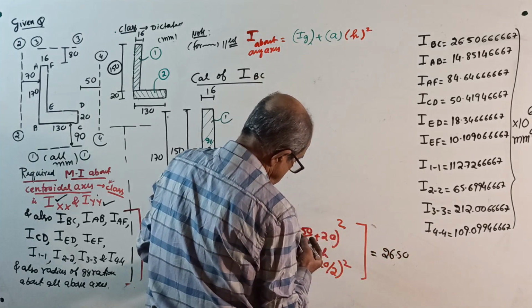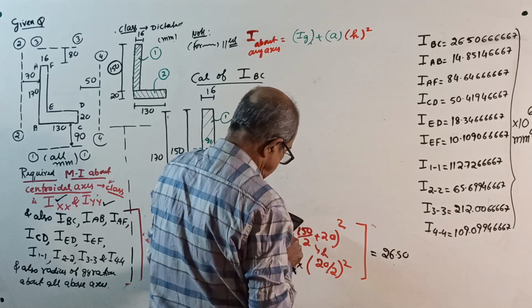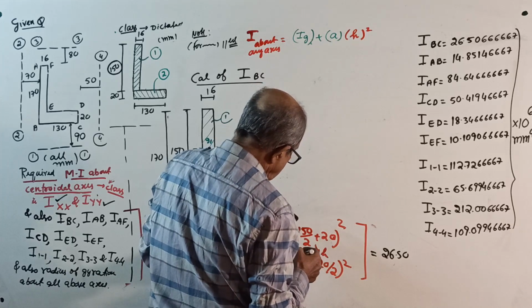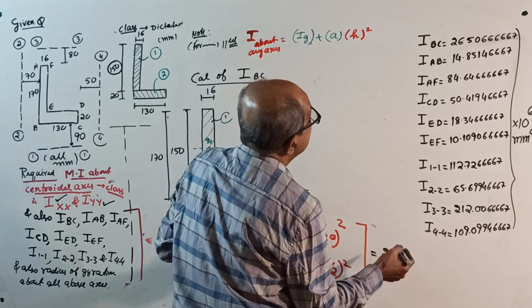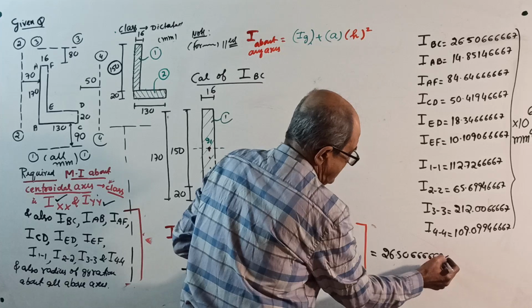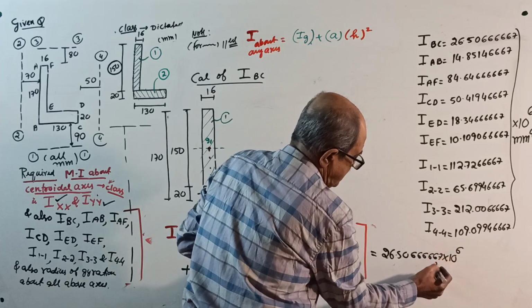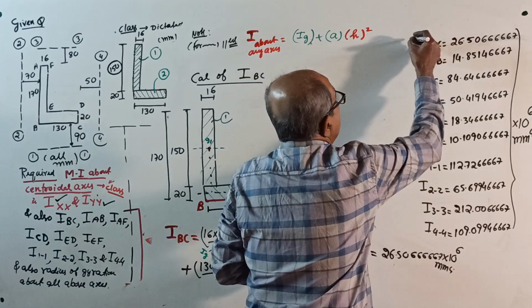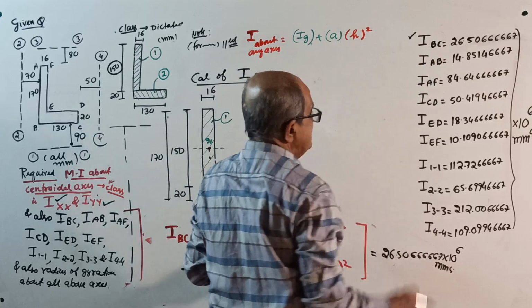Divided by 10 to the power 6. 26.50, 66666. Same answer. 66667 into 10 to the power 6 millimeter power 4 is the answer. Yes, so IBC perfectly tallies.